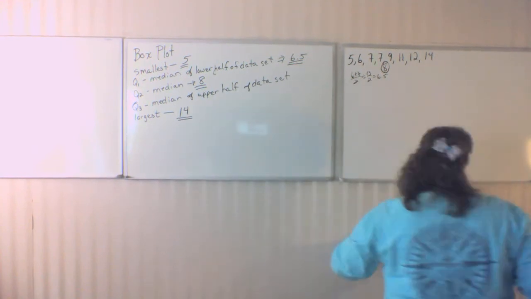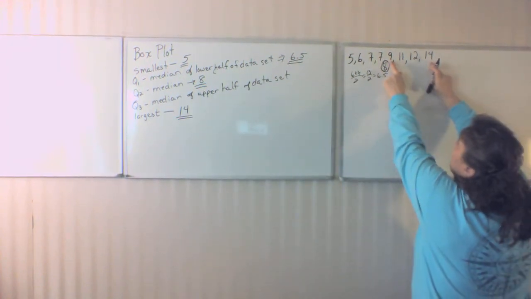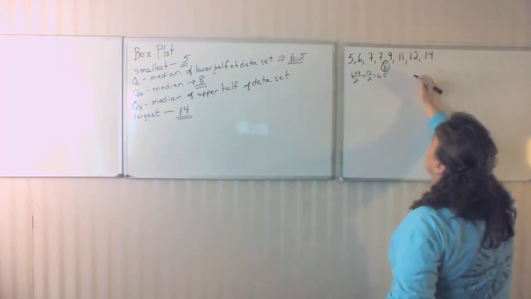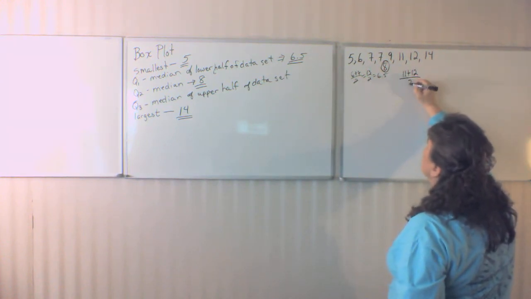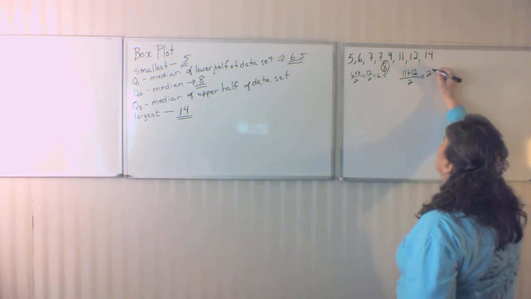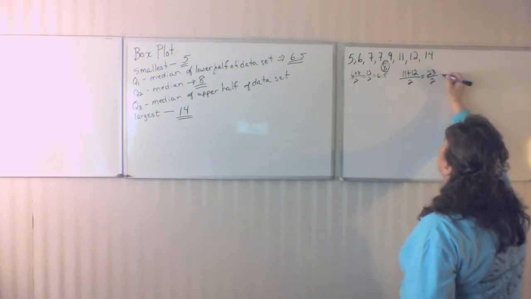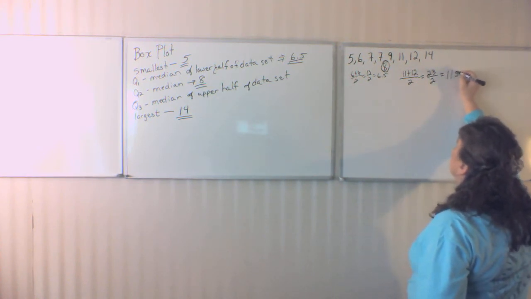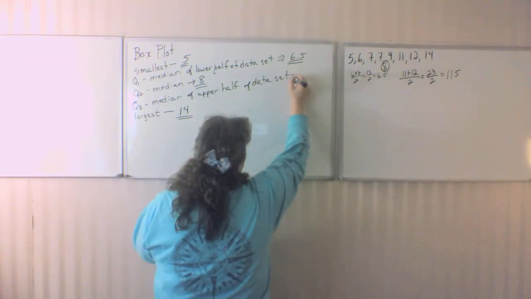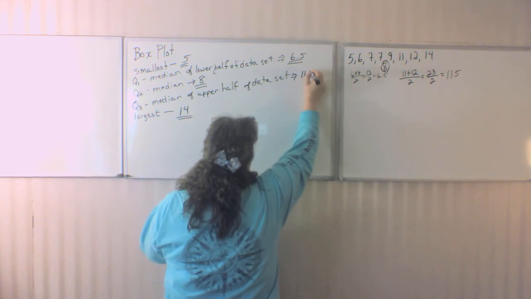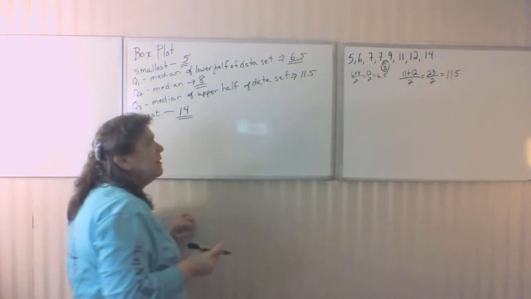Again, there are 4 data points, so the median of these 4 is again between 11 and 12. So you're going to add those divided by 2, and you will end up with 11.5. So my upper half median is 11.5, okay?